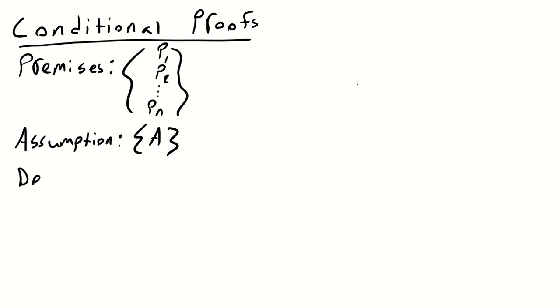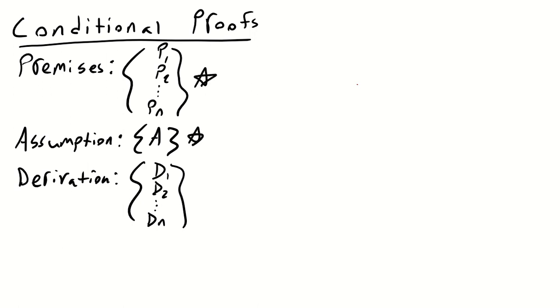So we make some derivations, and we'll just say we get the propositions d sub 1, d sub 2, and so on and so forth down to d sub n. D sub n is based on inferences made with our premises and our assumption. So if we assume our assumption, we ultimately will validly get d sub n, but it's just an assumption.